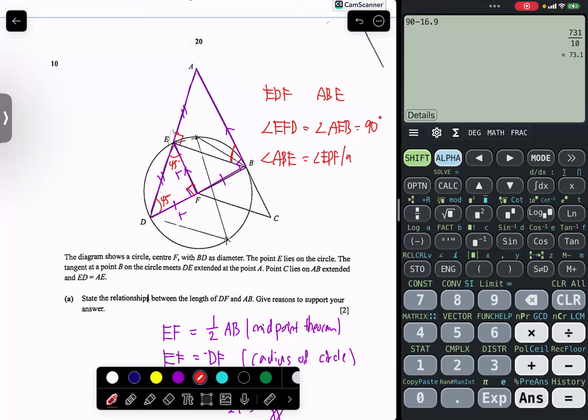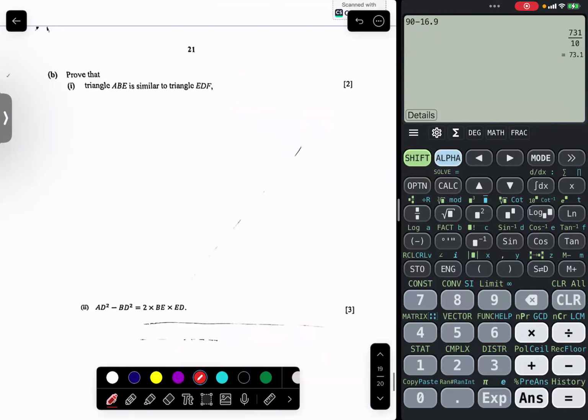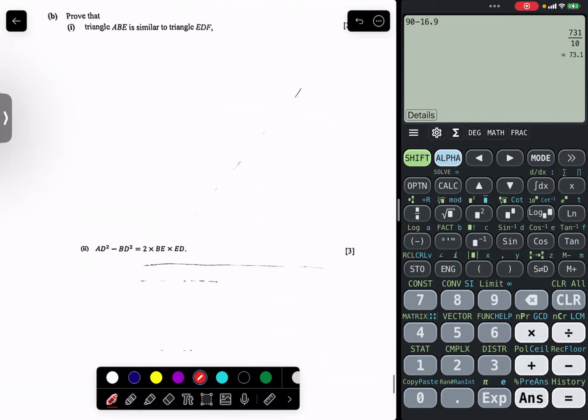Alternate angle, alternate segment. So therefore, similar. Then AD square minus BD square, is that it?